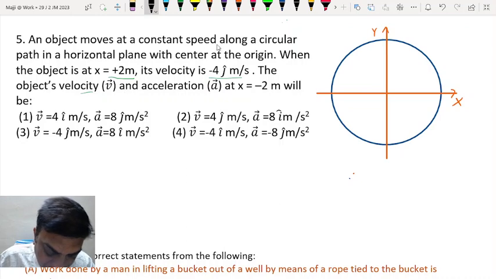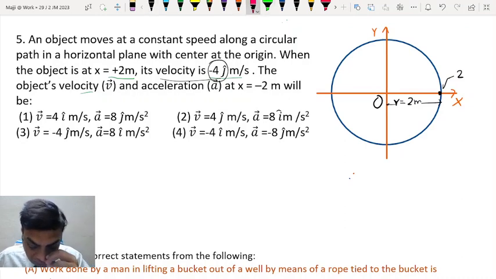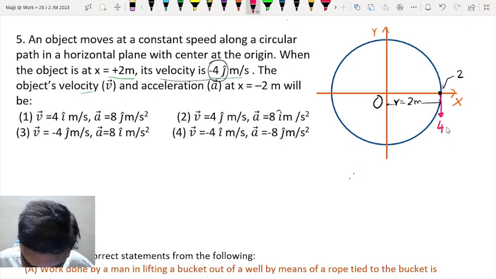Since it is going along a circular path in a horizontal plane with center at the origin, and the object is at a distance plus 2, that means the radius must be 2 meters. Its velocity is always tangential. It is given as minus 4 j cap, which means it is along the negative y axis, and the numeric value is 4. So the speed is 4. These two things are clear.